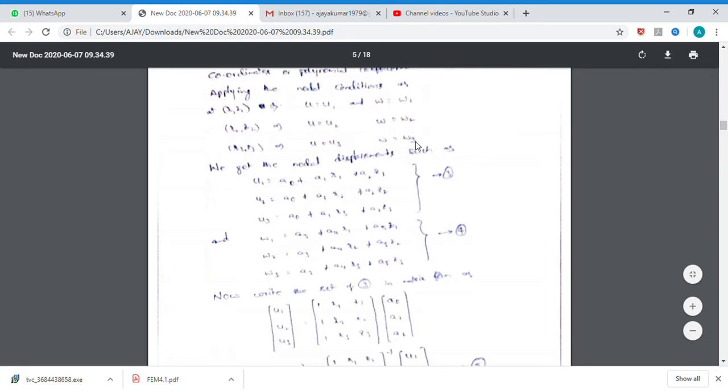Substitute these particular boundary conditions or displacement values in the above equations. If you write that, u1 is equal to a0 plus a1 r1 plus a2 z1, u2 is equal to a0 plus a1 r2 plus a2 z2, u3 is equal to a0 plus a1 r3 plus a2 z3. These three are one set of equations. Then next I will write another set of equations with respect to the axial direction.